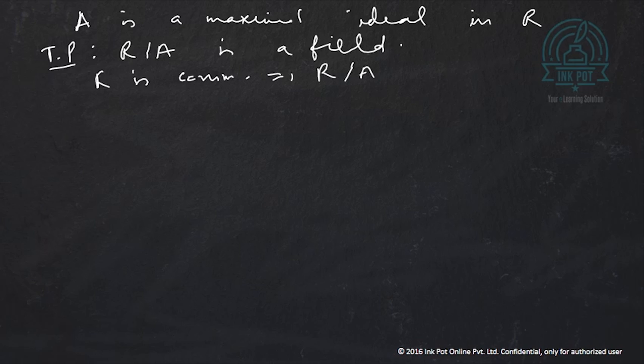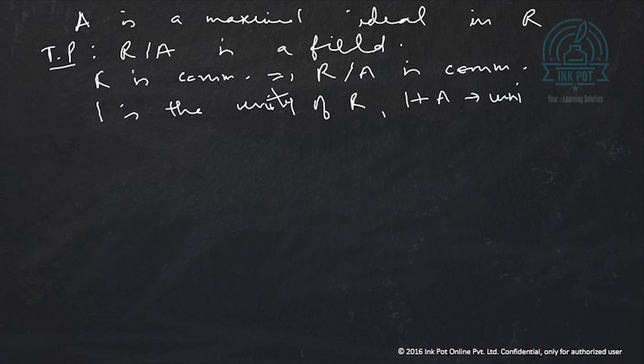This is similar to the proof that we did in the criteria for R quotient A to be an integral domain. Also, because R contains a unity, say 1 is the unity of R, 1 plus A is the unity of R quotient A. Now we only have to prove that every non-zero element of R quotient A is a unit. So we let b plus A be a non-zero element.